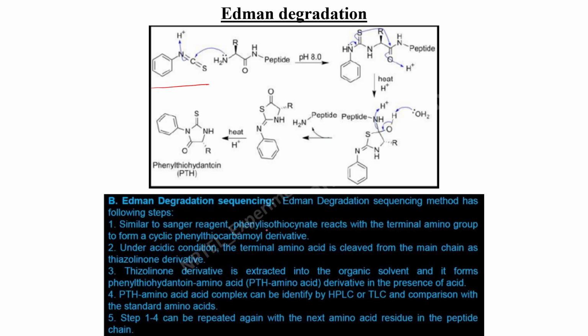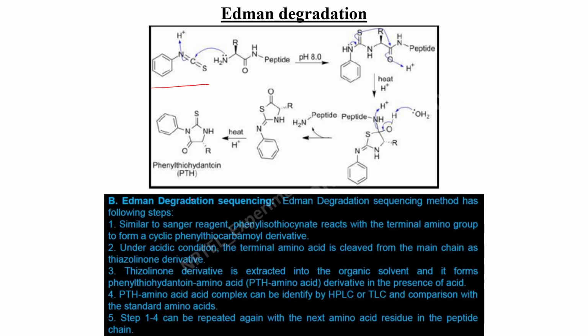So phenyl isothiocyanate reacts with the terminal amino group to form a cyclic phenyl carbamyl derivative. Okay, that derivative under acidic condition, the terminal amino acid is cleaved from the main chain as the thiazolinone derivative.